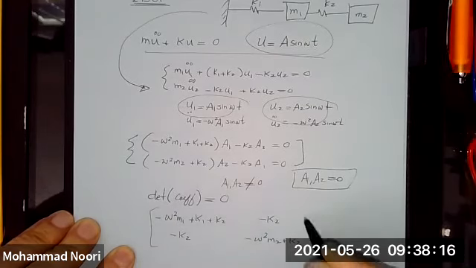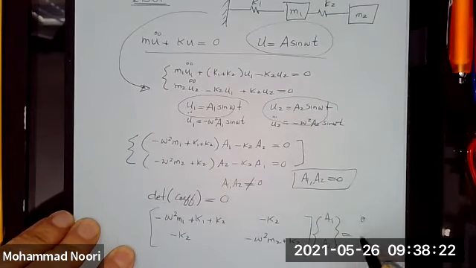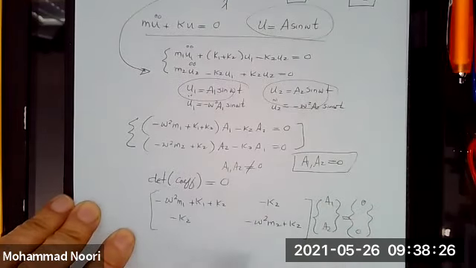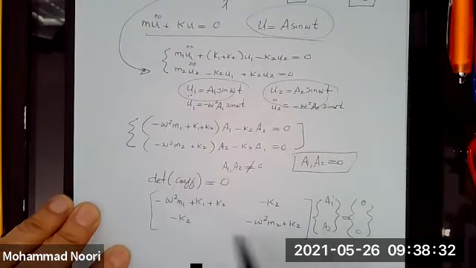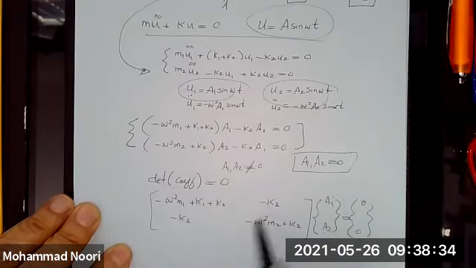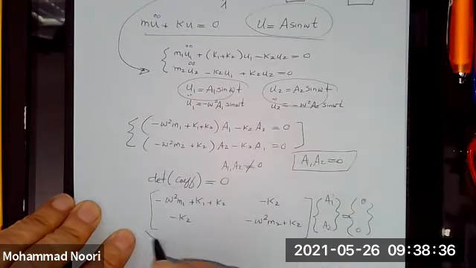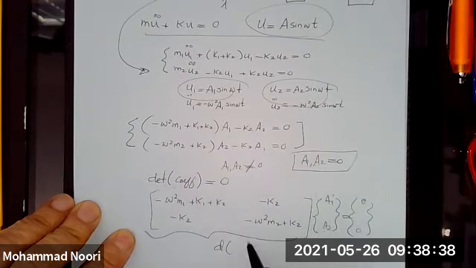In other words, if you write that simultaneous equation in terms of this matrix formulation, this is the determinant of the unknown coefficients. For this to have a non-trivial solution, this determinant has to be 0.